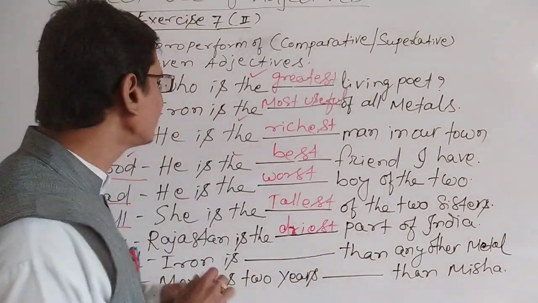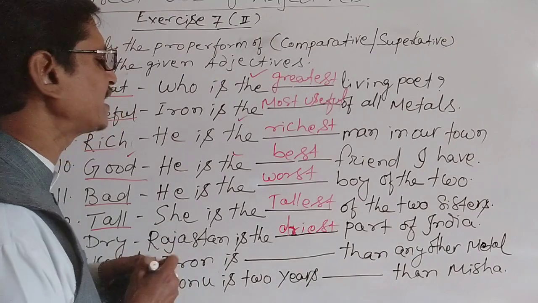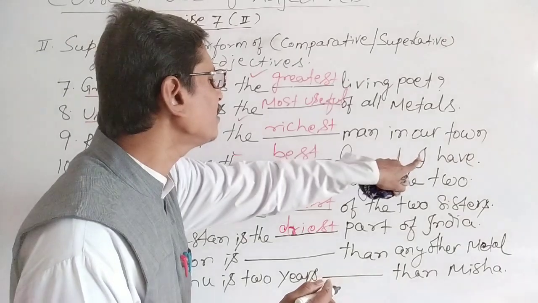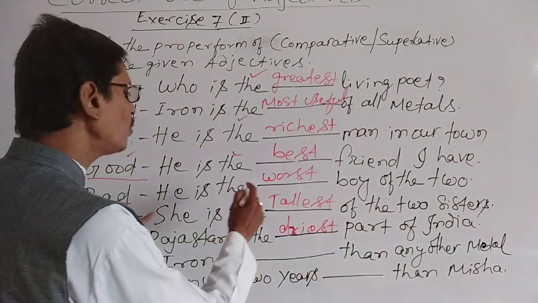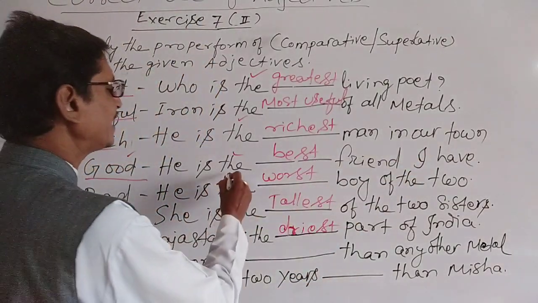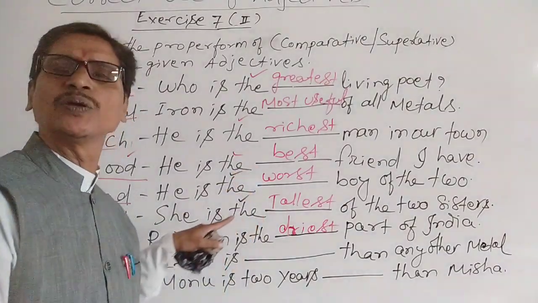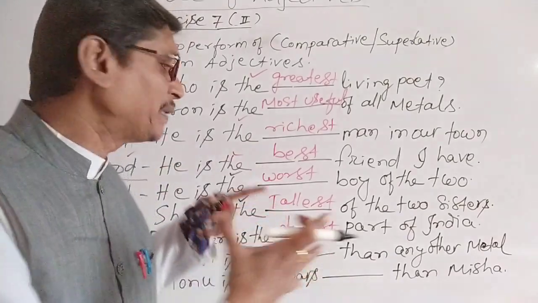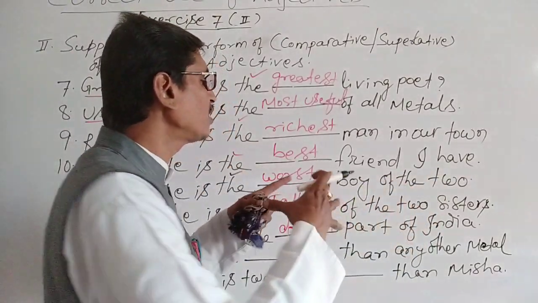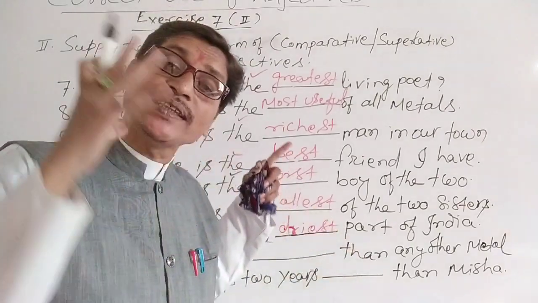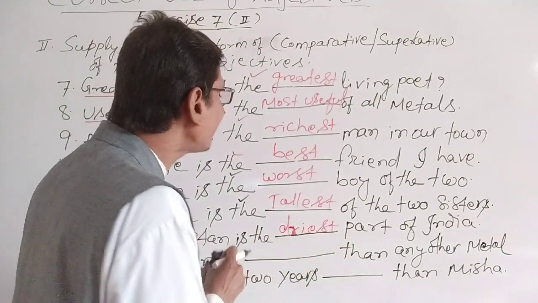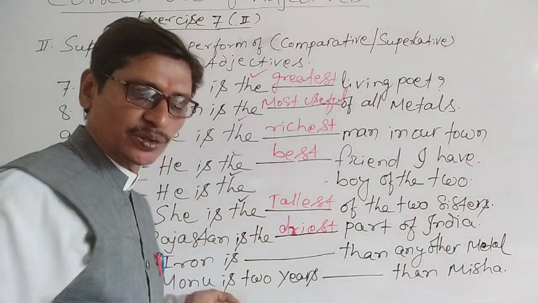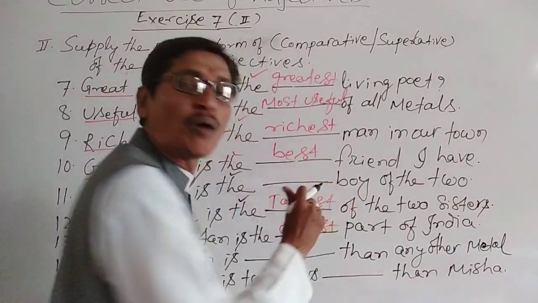You see, here we have written two sentences. He is the best friend I have, and then we have written worst, thinking this is the superlative degree. But sometimes we have a comparison between two sisters or two boys. When it is a comparison of two, we cannot use the superlative degree; we have to use the comparative degree.